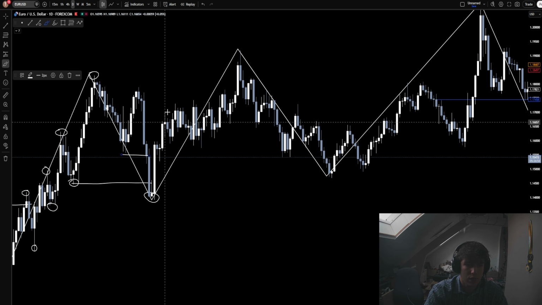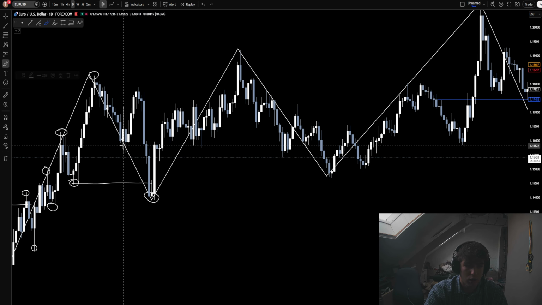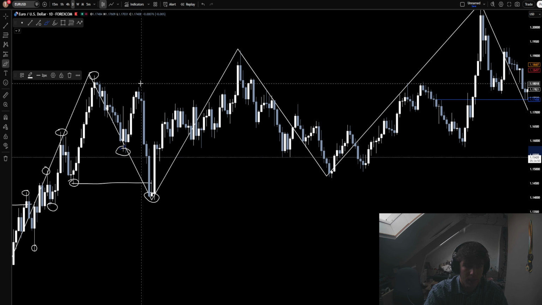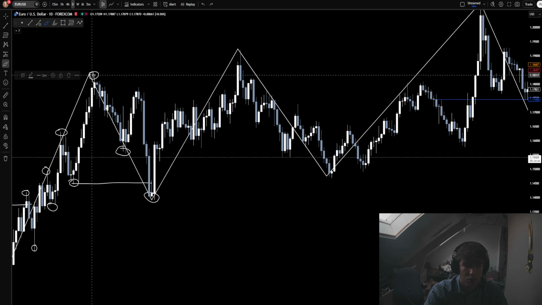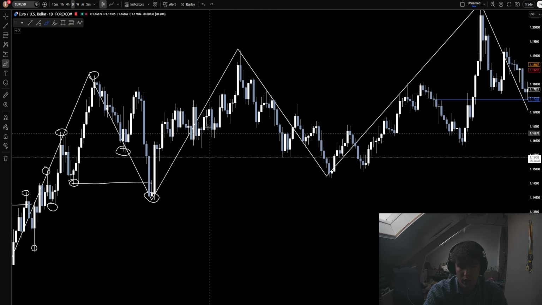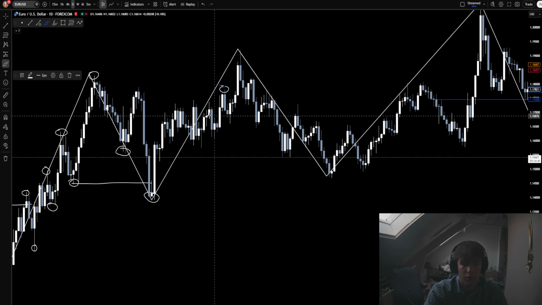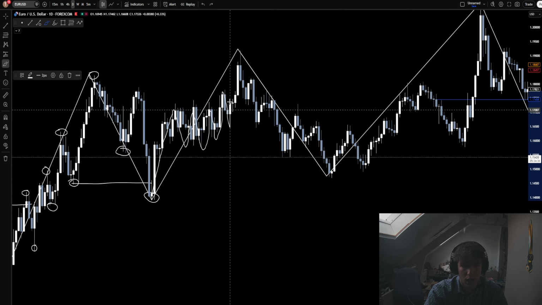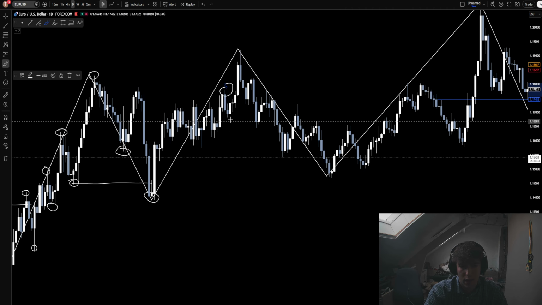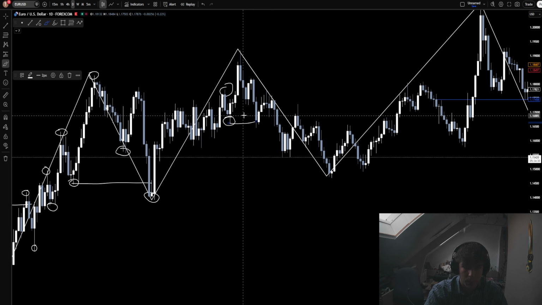Okay, we can also see we create internal market structure inside of the leg. Over here, we make a low, a high, a lower low. Here we create a higher high, which is also in line with the daily swing break of structure. And then if we look at the internal market structure towards the break of structure, we can see a higher high, higher low, and here we see a lower low.